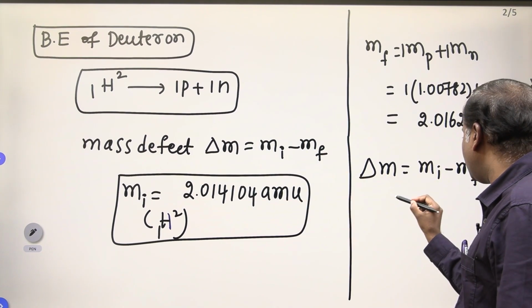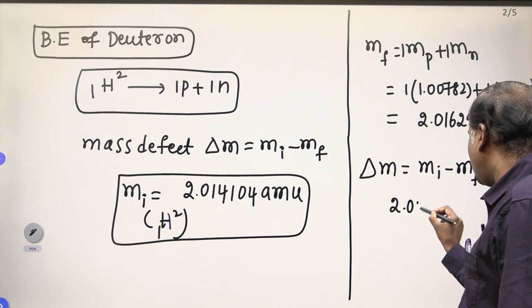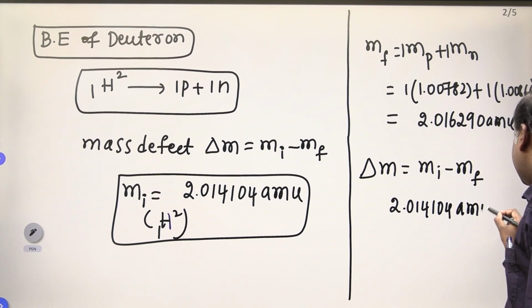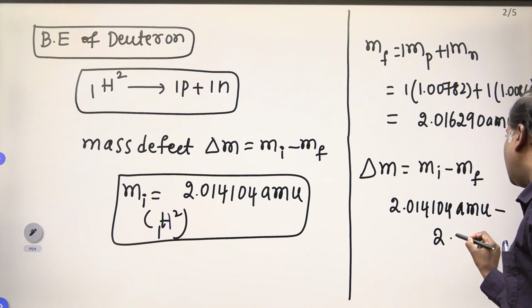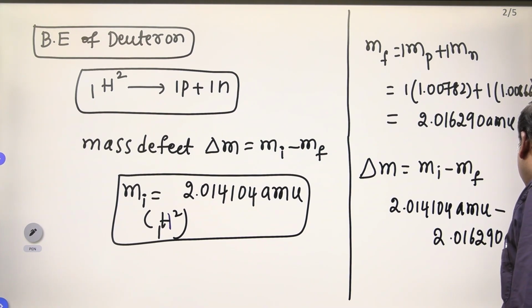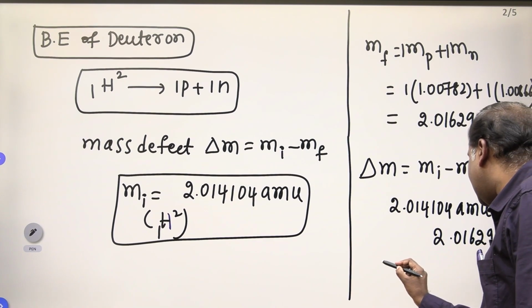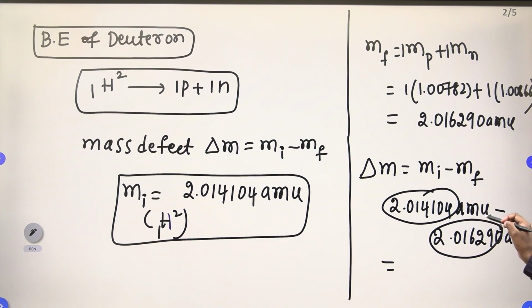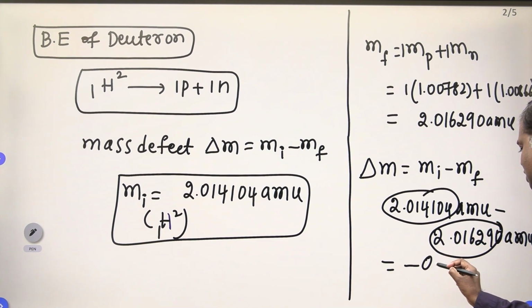Now we have to calculate delta M is equal to Mi minus Mf. Mi is 2.014104 AMU minus 2.016290 AMU. This one is a lesser value compared to this value, that's why it is negative. You are getting minus 0.002386 AMU.